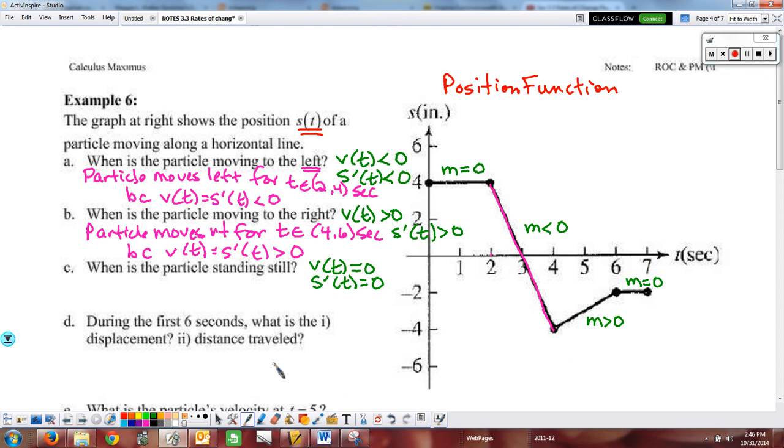Now, a comment about brackets versus parentheses here. Usually when we're looking at these, I would probably not worry about including the endpoints. We'll talk a little more about what might happen on the endpoints, but this is especially because we're only considering the slope, and the slope requires an instantaneous rate of change.